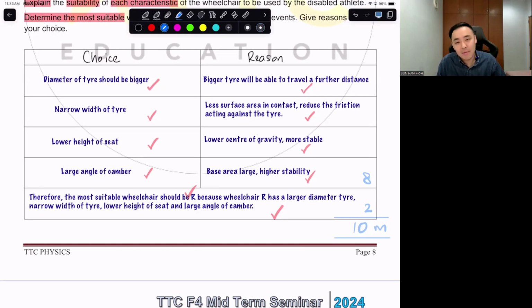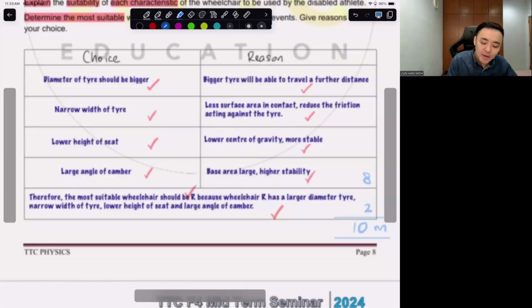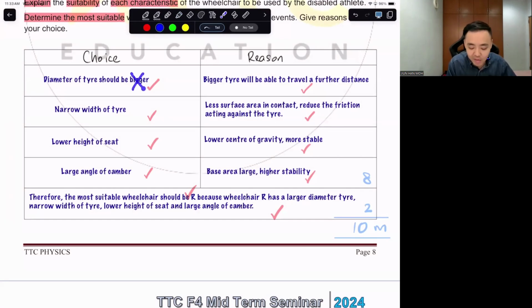Okay, now, of course, the typical question you ask: what if this one is wrong, then how many marks do I get? Listen, if you do all correct, 10 marks. So, number 1, if your reason is wrong but you choose correctly, do you get marks or not? That would depend on your teacher.